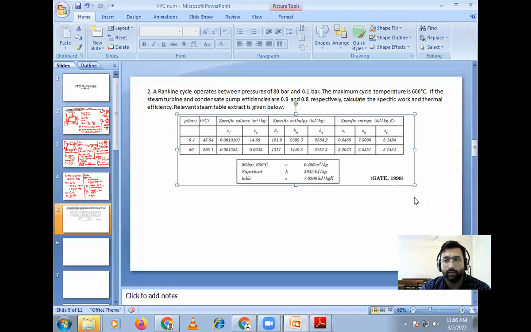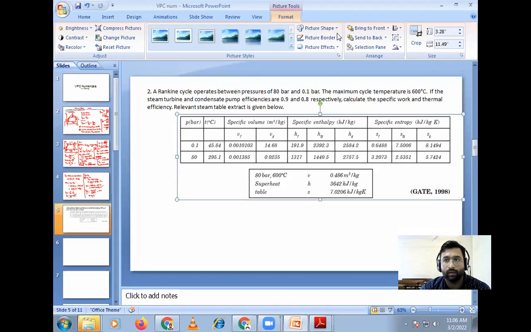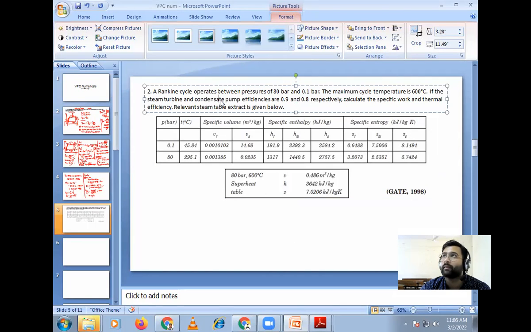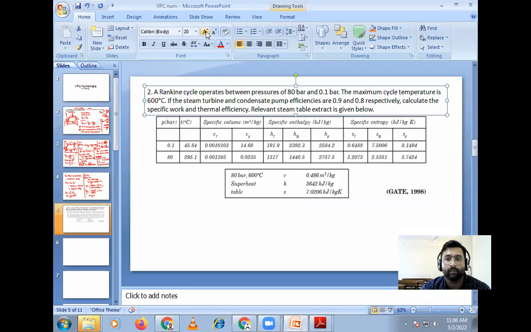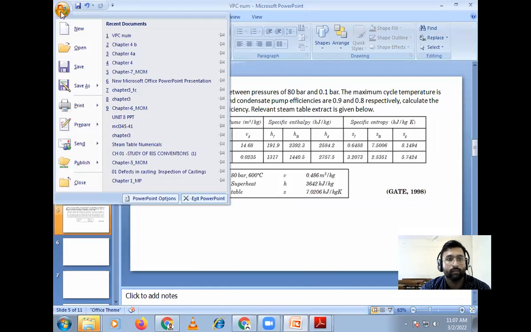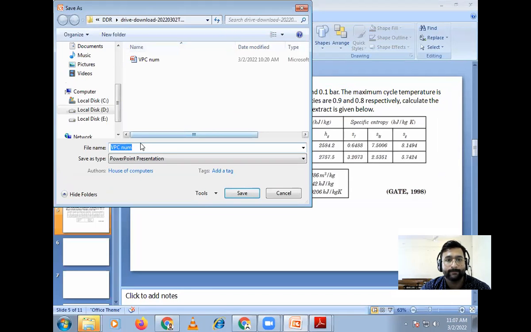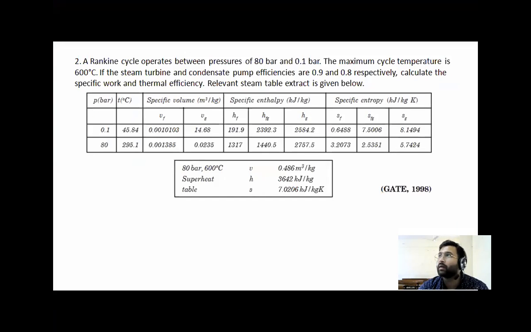Still I will increase. Now is it visible?